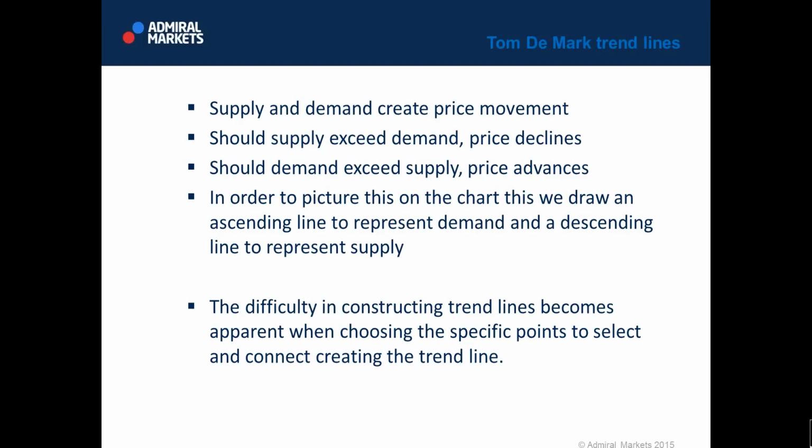Supply and demand create price movement. That is the truth, because in the classic economy school, supply and demand are definitely things which move the price and move the market. So supply and demand create price movement, and when supply exceeds demand, price declines. That is always. Should demand exceed supply, price advances.